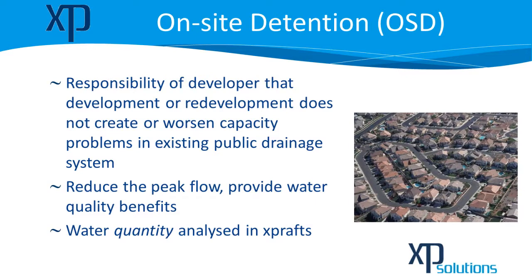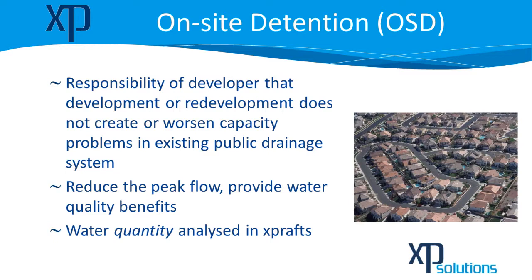So just a reminder of why we might want to use this. I'm sure a number of you have been involved in jobs where you're required to design the drainage in such a way that you don't create or worsen any capacity problems in the drainage system.